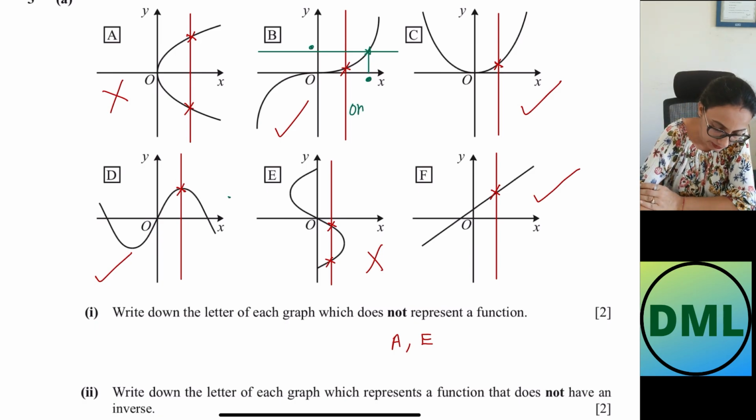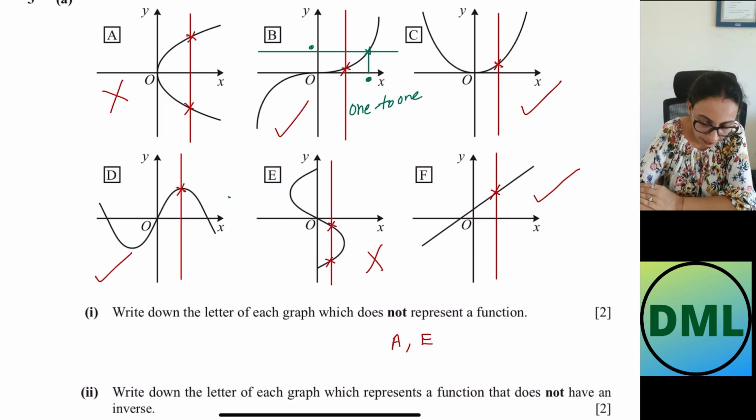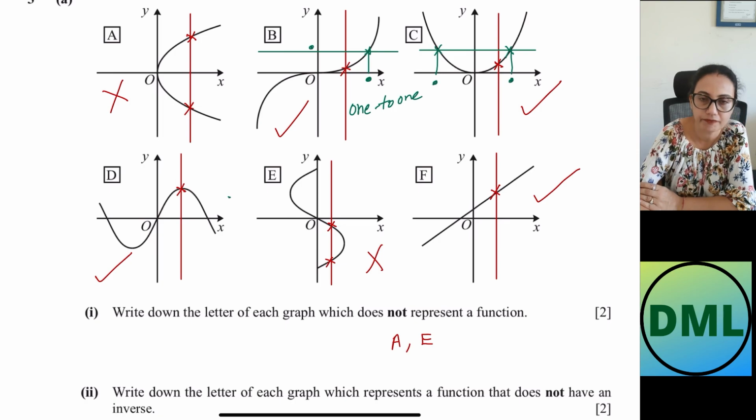Let's write that down here. Let's see our C graph. I am drawing a horizontal line. This cuts the curve at 2 points. If you go down, for two values of x, I am getting the same value of y. That means this is a many-to-one function.